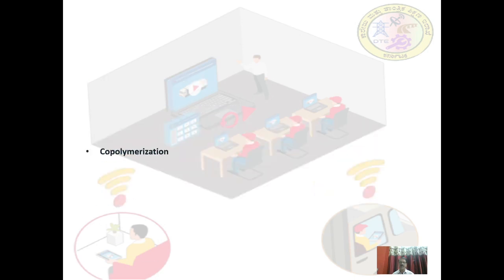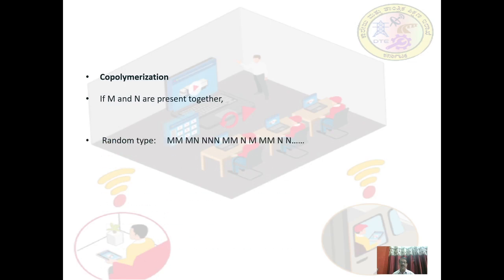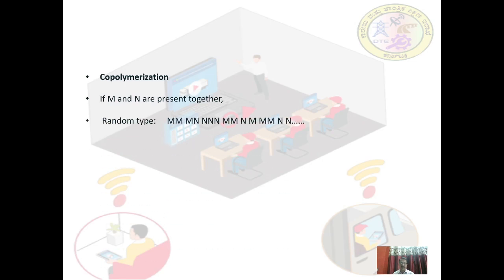Next, polycondensation polymers. Here, if M and N monomers are present together, the polymers formed are of random type and alternate type. In the random type, the monomers are united randomly, whereas in the alternate type, the monomers are united alternately.